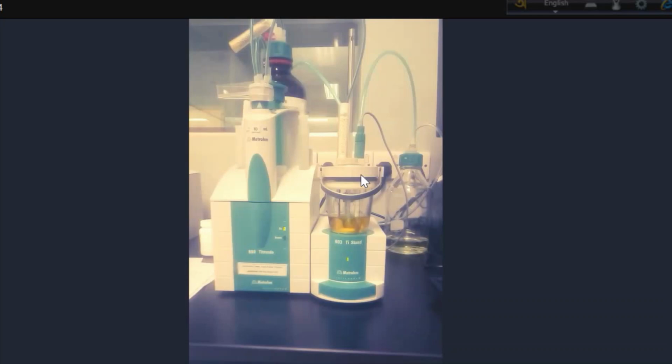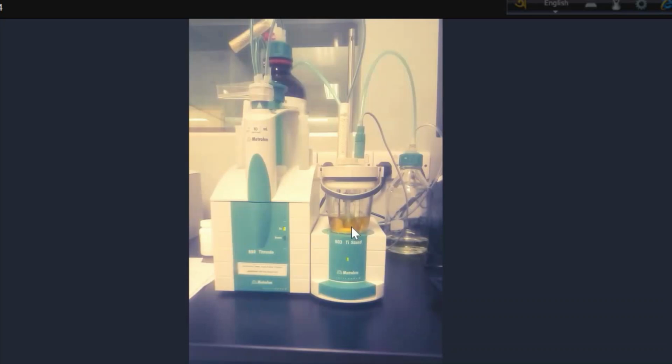This is very sensitive. Here you can see the Karl Fischer titrator, and this is the chamber where we titrate the sample. Here we have a magnetic bar, and basically it works like a conical flask.